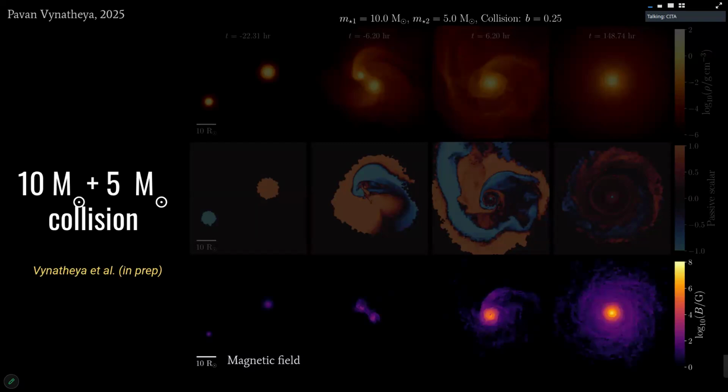So our initial stars, we initialize surface magnetic fields at the pole of 1 Gauss, and we assume initially dipole magnetic fields. And as the simulation progresses, you see that there is amplification of the magnetic field due to the twisting of field lines and shear.